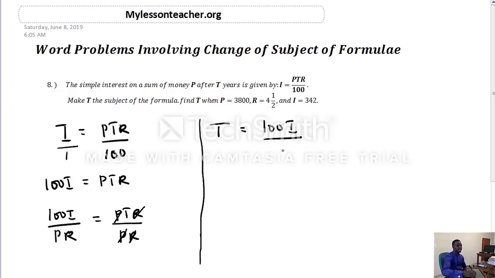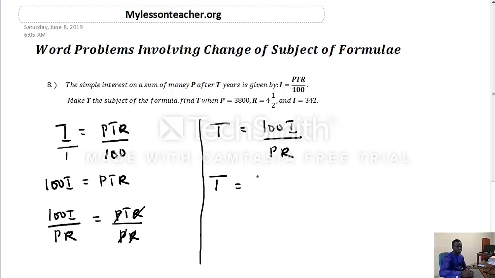100I divided by PR. So we are asked to find T when P is equal to 3800, R is 4.5, and I is given as 342. So we'll go straight ahead to substitute into this equation.